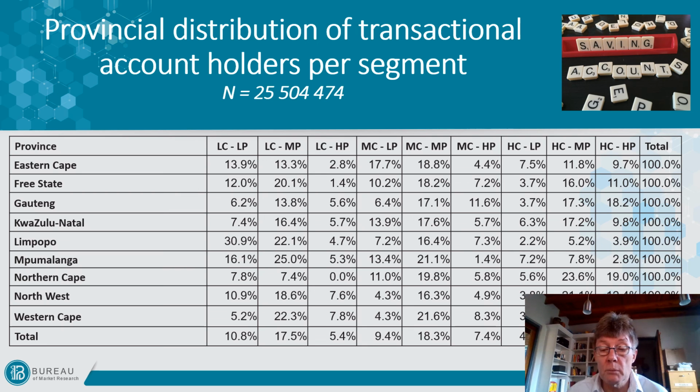While, for example, when we look at your high consumption capacity, high potential, that the strong provinces here are Gauteng, also the Northern Cape, the Western Cape, mostly people that's multi-banked, etc.